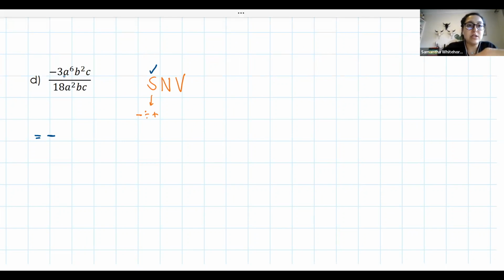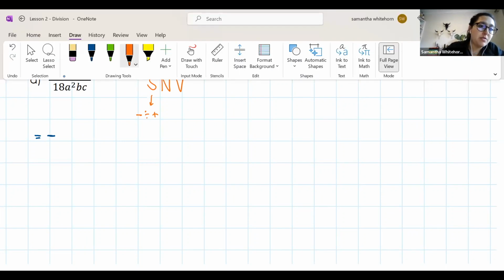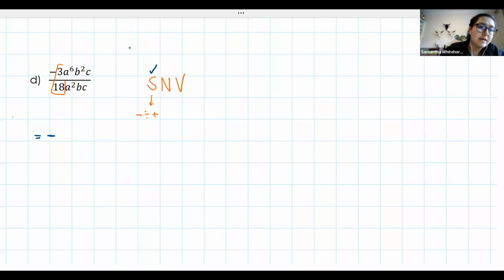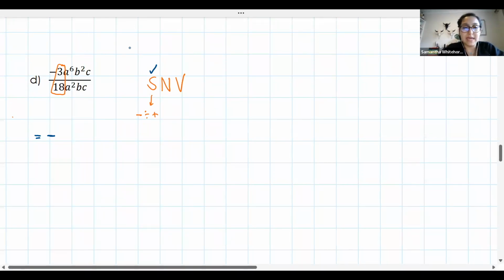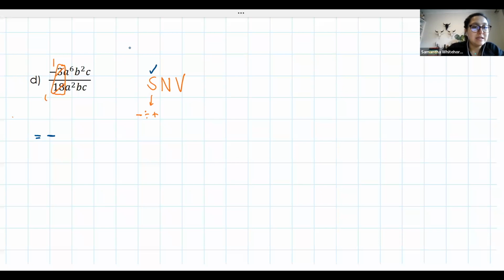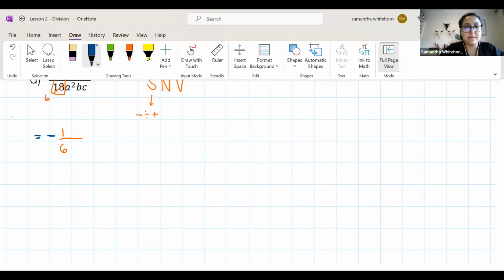Now I need to go to the numbers. If I look at the numbers, and remember I'm talking about the coefficients here, I've got 3 divided by 18. I need to simplify this. So 3 can divide into 3 once and into 18 6 times. So my numbers simplify to 1 over 6. So I've sorted my numbers.